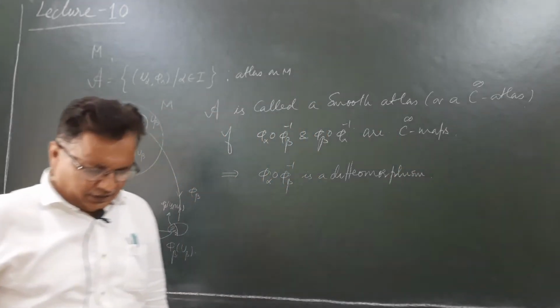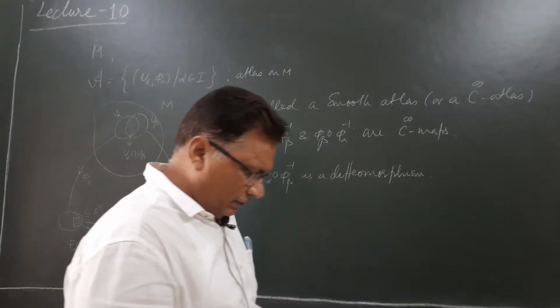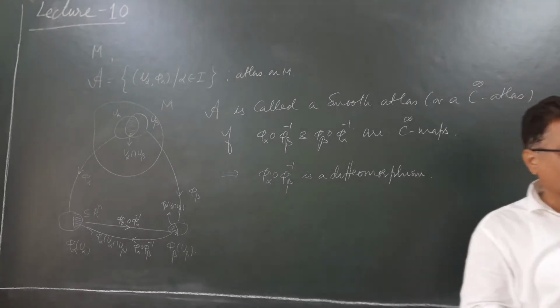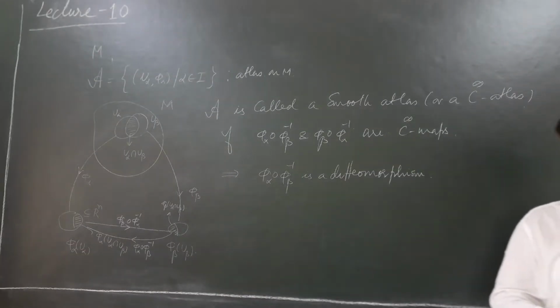This is the definition of a differentiable atlas. Now, as an example, we must look at what atlases we have already discussed and see which of them is differentiable and which one is not.